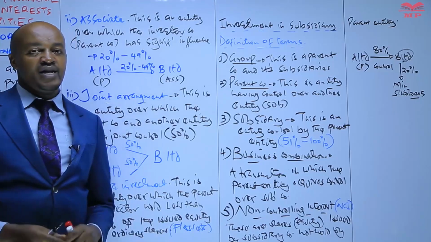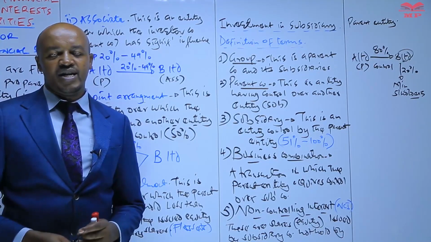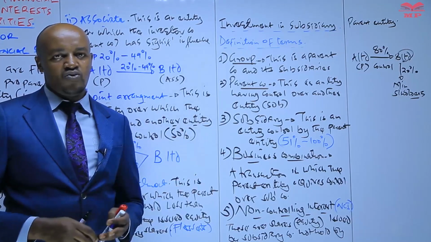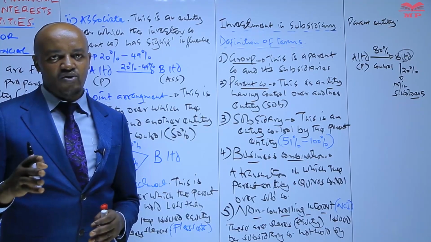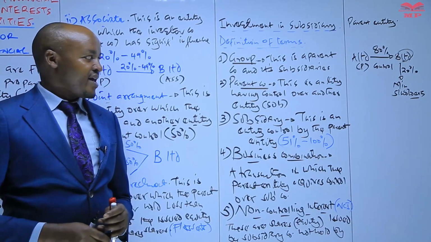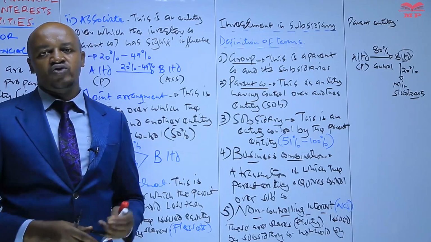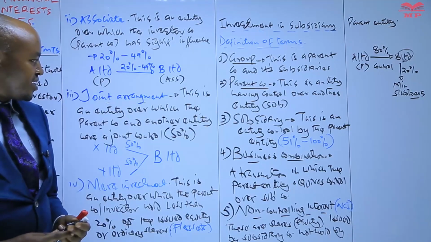In other terms, these are those particular shares issued by the subsidiary company and held by who? The minority shareholders. So the interest of the minority shareholders in a subsidiary company, we refer to it as NCI, non-controlling interest.